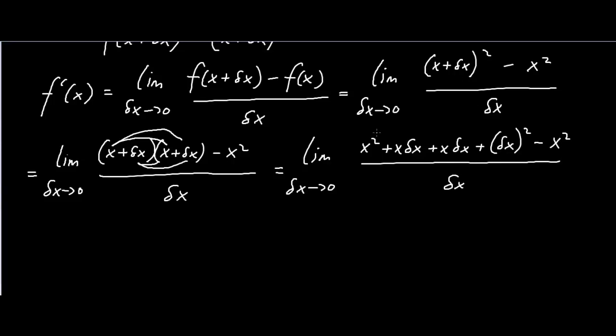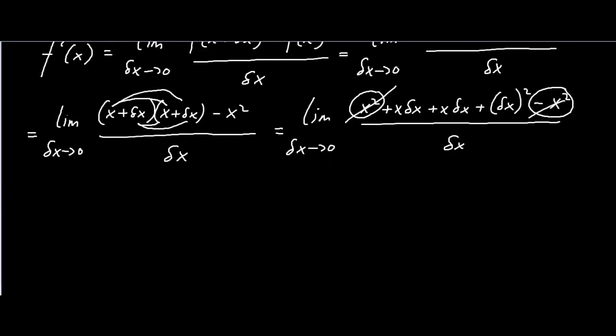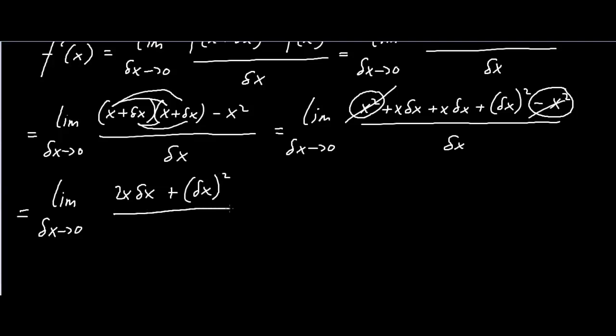Let's get rid of the x squared and the minus x squared at the top of this fraction because they cancel each other out. If we do that, we're left with the limit as change in x approaches 0 of 2x multiplied by change in x plus change in x squared over change in x.